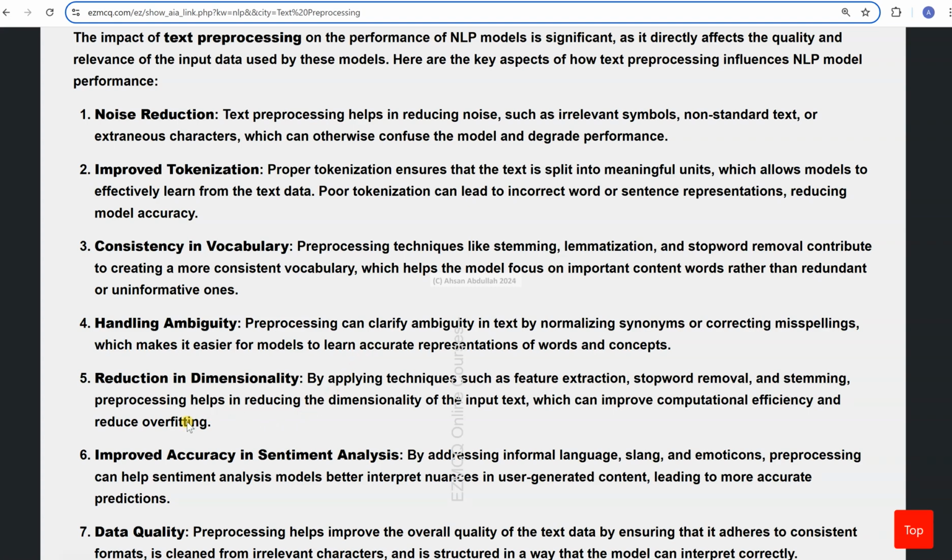And by reducing the dimensionality, through feature extraction and stop word removal, the complexity of the problem is reduced. The variability in the text is reduced. So that results in reducing the dimensionality of the input text. And when the dimensions are reduced, we move away from the curse of dimensionality, and that results in improvement in the computational efficiency.